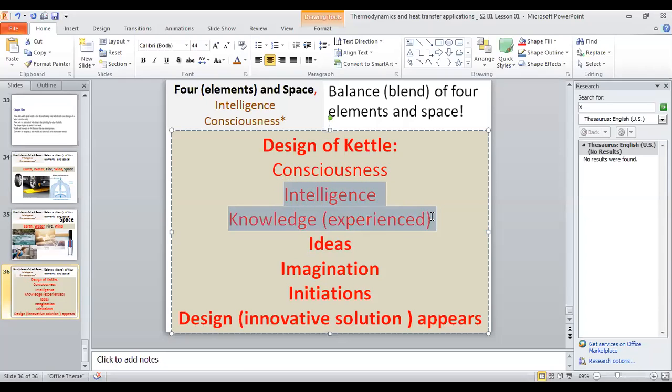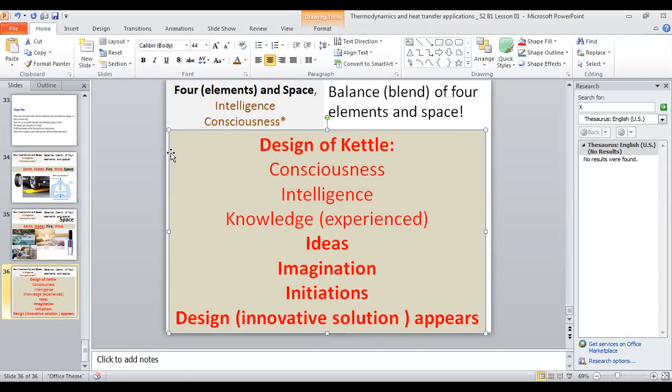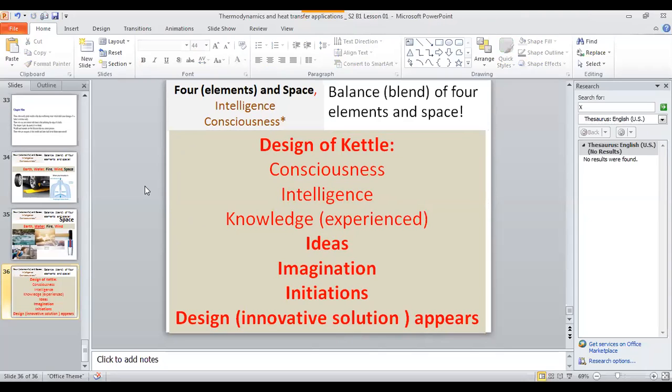There may be some linkages between intelligence, knowledge and consciousness, followed by ideas, imaginations, initiations, and innovative solutions appear. So this is a process that you are carrying out.